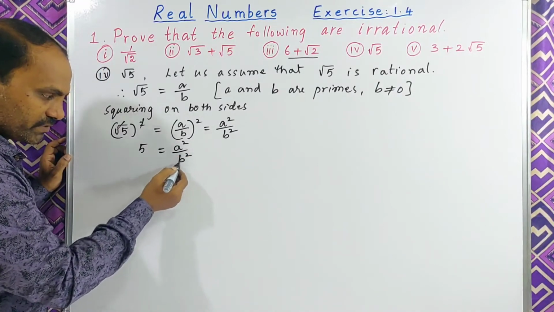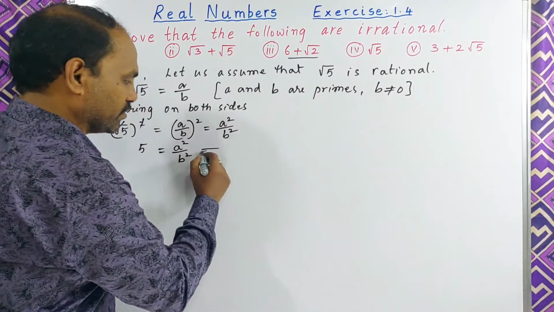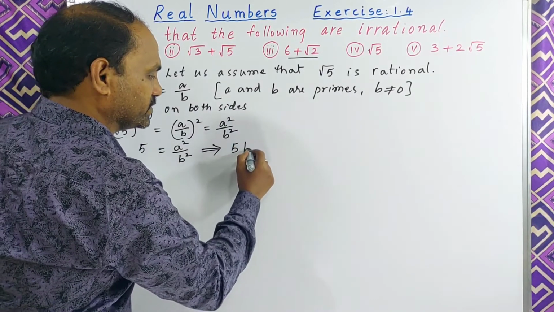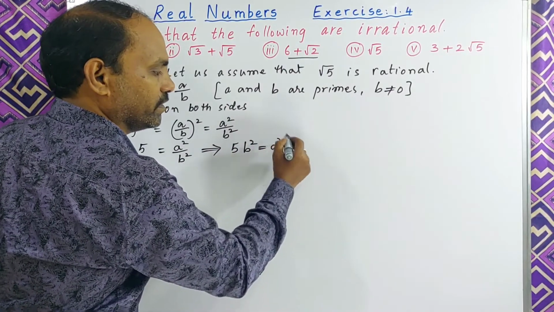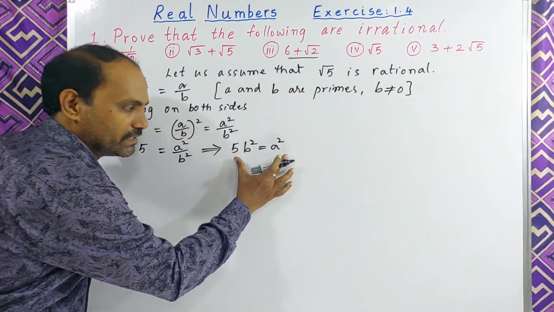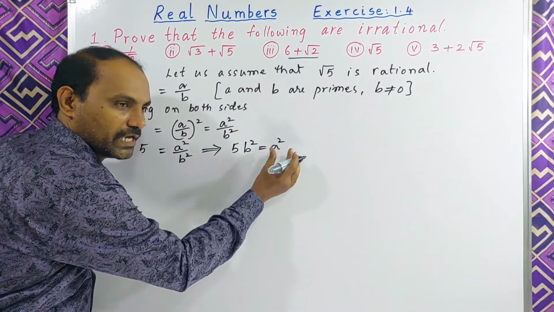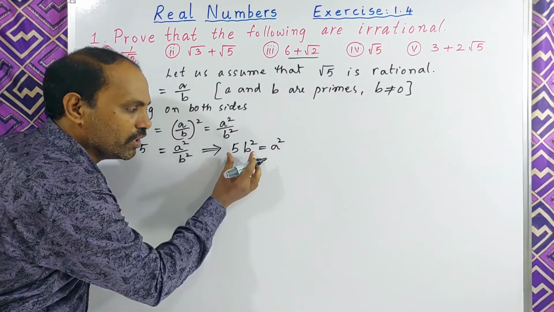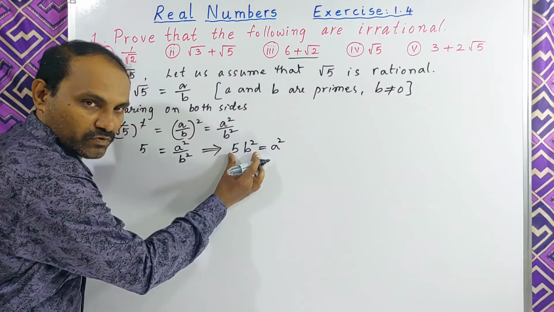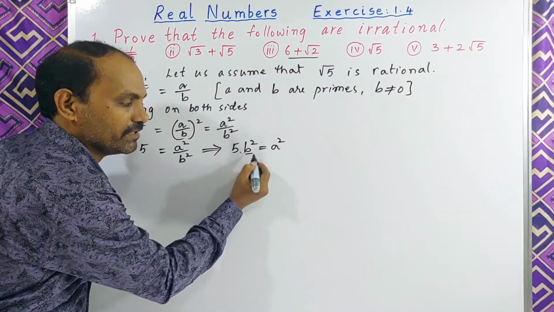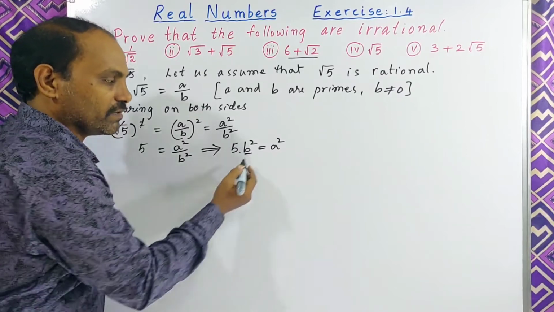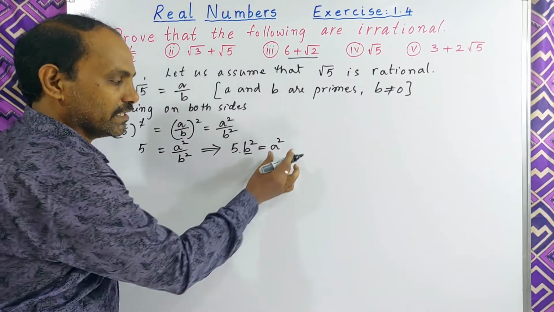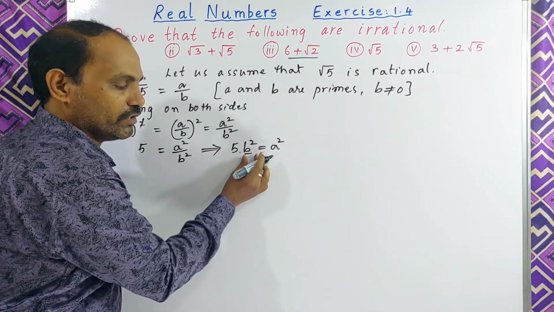Send this b square to this side, and you will get 5b square is equal to a square. Look at this: a square is equal to 5 into b square, so 5 into something. Whatever the b square value is, a square is equal to 5 into something.